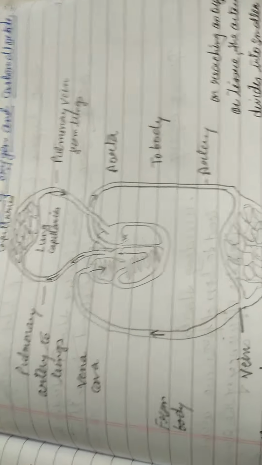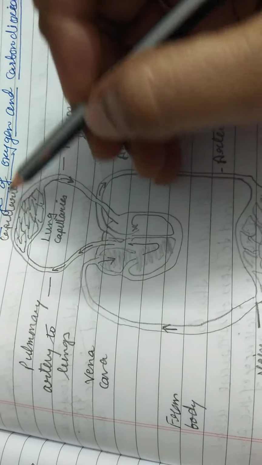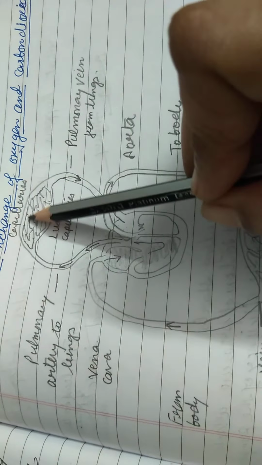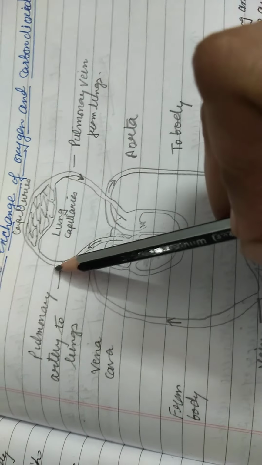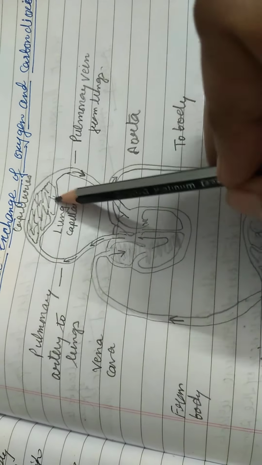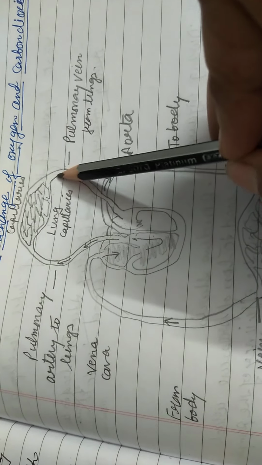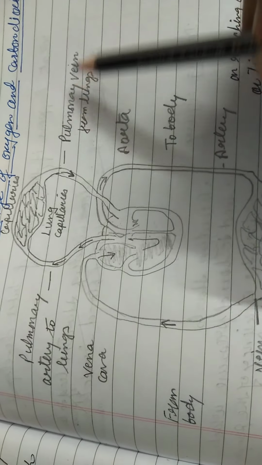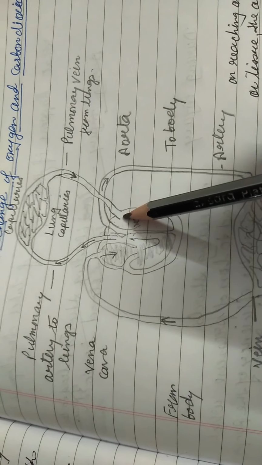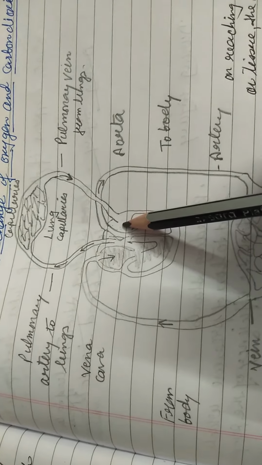So through that, carbon dioxide moves out and oxygen comes in. Now these capillaries again unite. Here this artery divides into capillaries, and now they unite and form the pulmonary veins, and this comes to the left auricle.